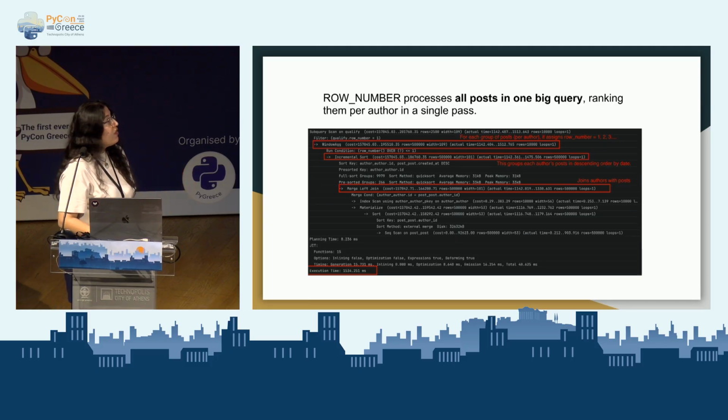On the other hand, row number fetches all the posts. So all the performance techniques depend on the data size and on what you need. If you need small results, maybe OuterRef will be faster for your applications.